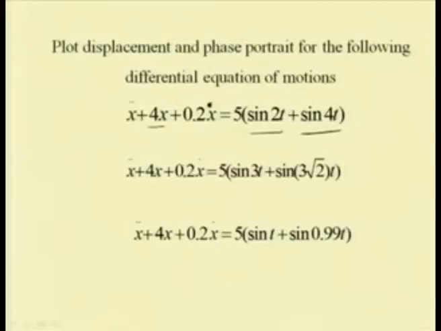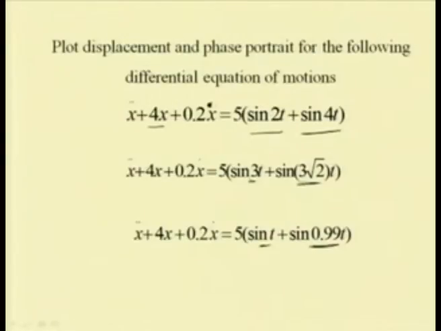In the second example, it is subjected to frequencies of 3 and 3 root 2, and in the third example it is subjected to frequencies of 1 and 0.99. So, in the first case one expects to have 2 periodic responses, one corresponding to omega equal to 2 and the other corresponding to omega equal to 4.